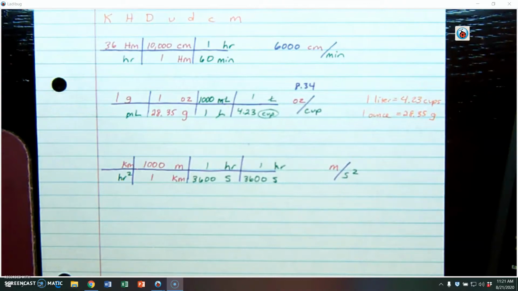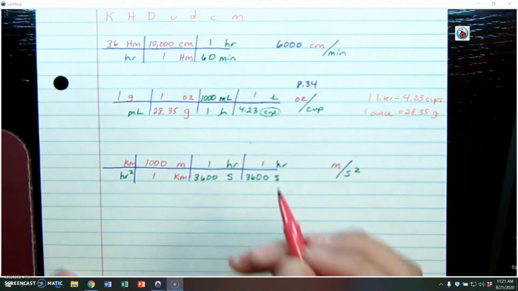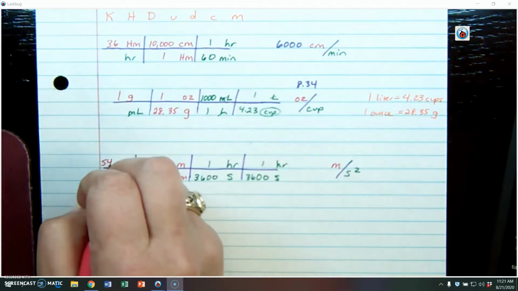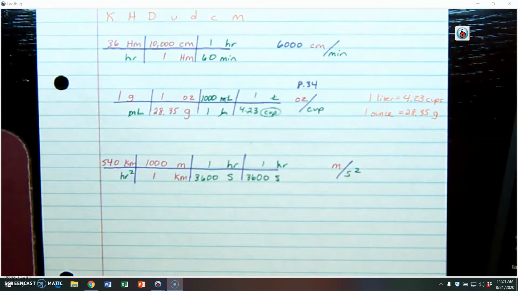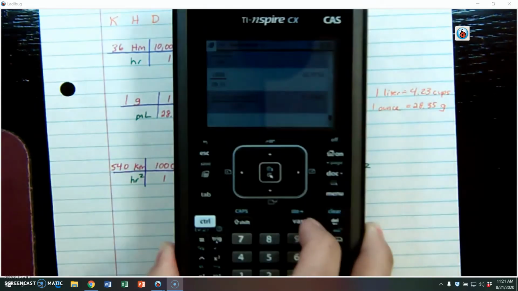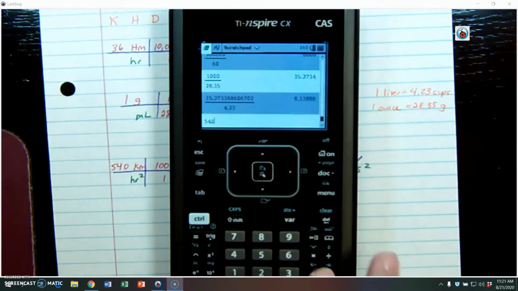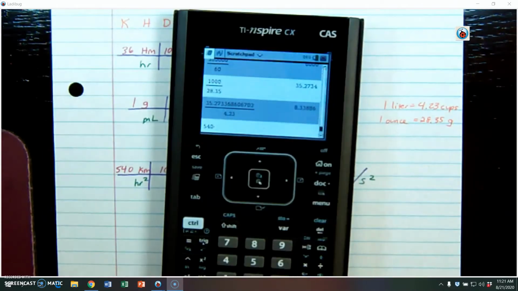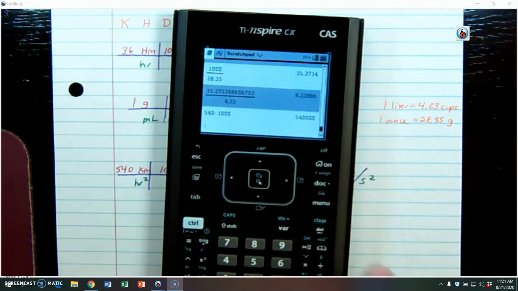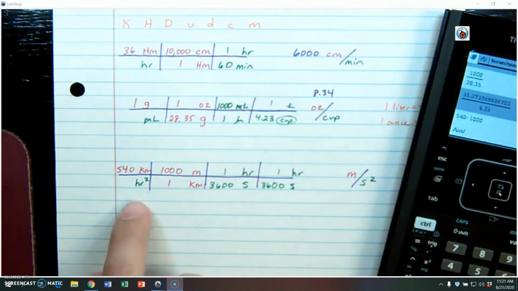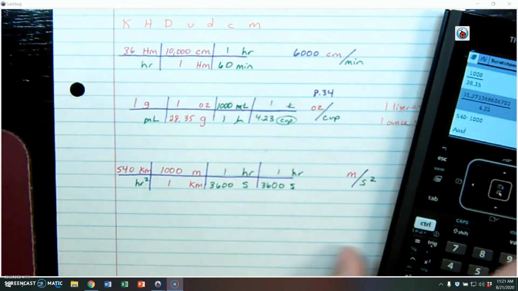I didn't give myself a starting number. How crazy. Let's make up a number. How about 540? There we go. All right, now we got a number to convert. Okay, so 540 kilometers per hour squared times 1,000, which is our other number on top, divided by 3,600 twice.